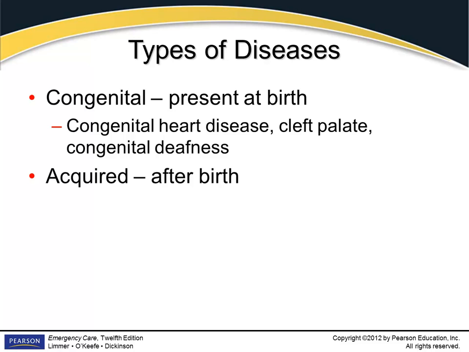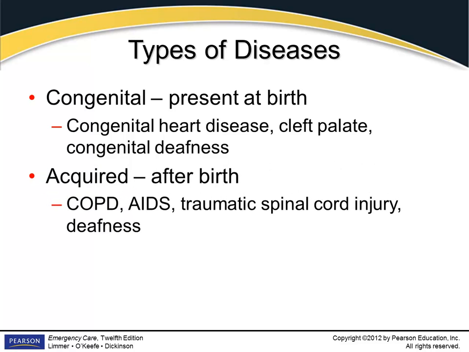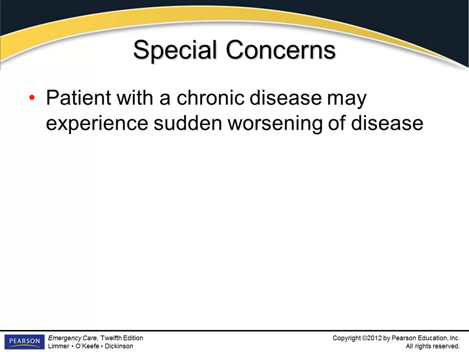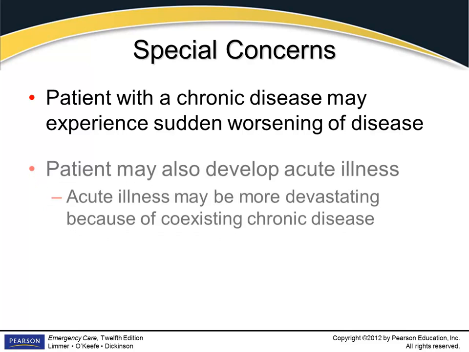Examples of congenital: cleft palate, they're born deaf, have a congenital heart problem. Acquired, this would be some of your elderly patients. They got COPD or got AIDS or a traumatic injury of some sort where it came about later in life or after birth at some point. If they've got a chronic disease, they may have an acute exacerbation of it where it becomes worse.